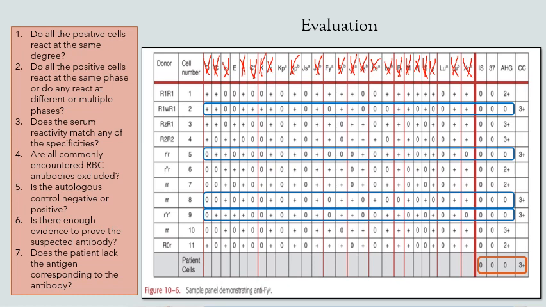In this step, we will look into the panel cells that have a reaction in the IAT phase. Since there is a positive reaction in the AHG phase, we will remove the cells that have a negative reaction. Earlier, we excluded the positive reactions. Now, we will remove the negative reactions.